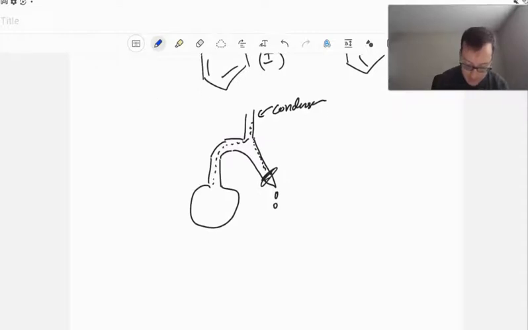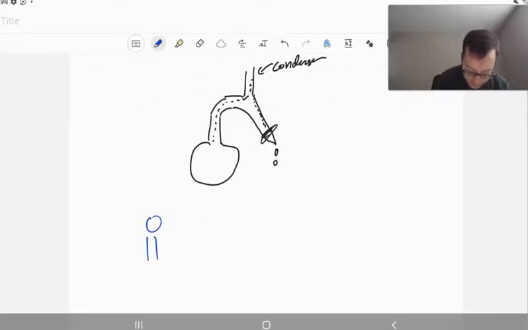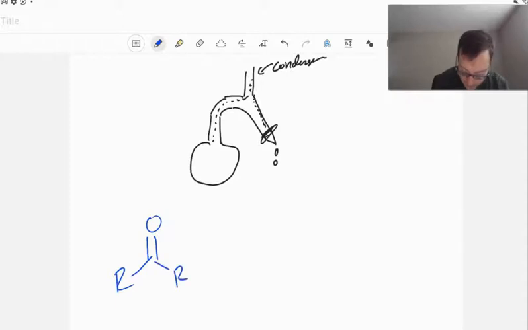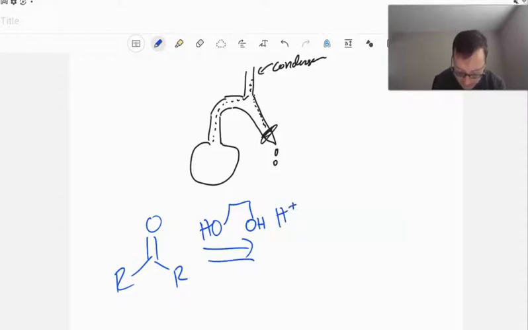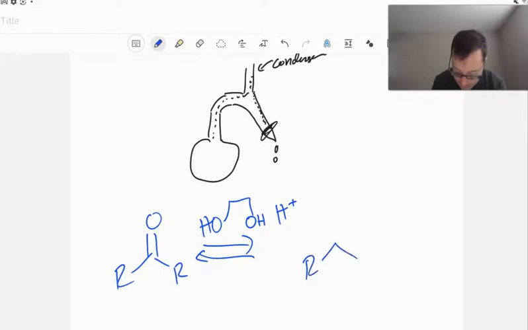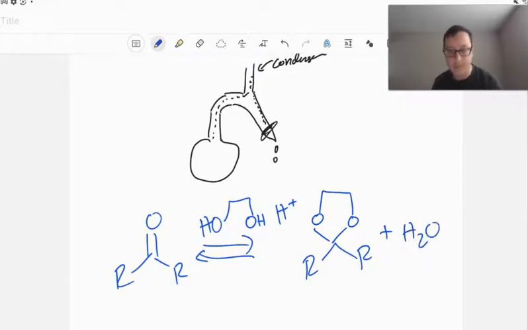Because remember that if you're doing some sort of thing like this, it's an equilibrium reaction, right? Seven steps or however many it is. So we're just using Le Chatelier's principle to remove the water.